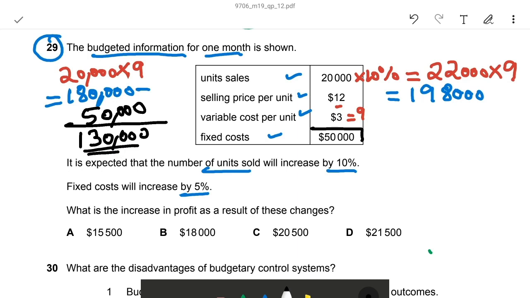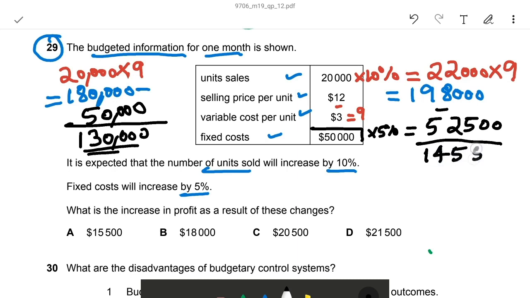But here the fixed cost is increasing by 5%. How much will it come to? 2,500. So the total new fixed cost is 52,500. So what is the new profit? 145,500.